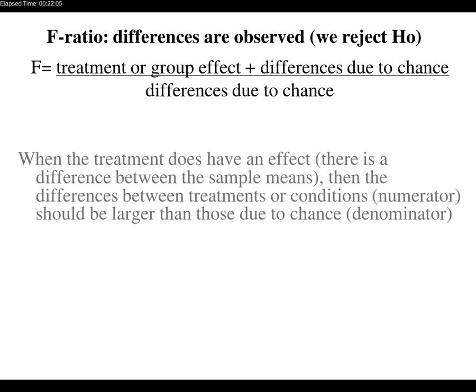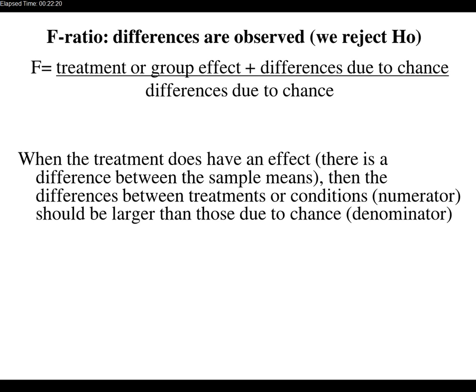Okay, and when differences are observed, we reject the null hypothesis. Okay, when the treatment does have an effect, there's a difference between the sample means. So each one of those are going to have different sample means.